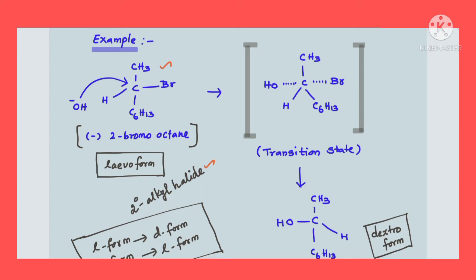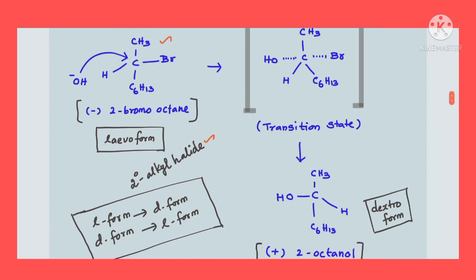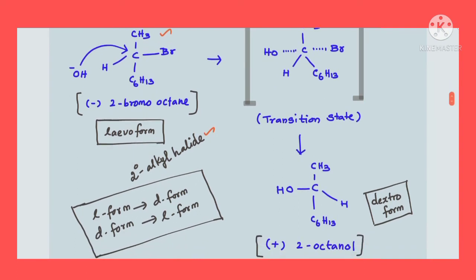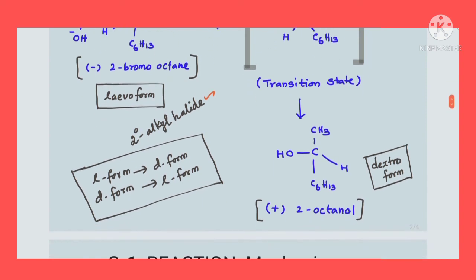Actually here we are taking the laevo form, an optically active L form, of 2-bromooctane. Which leads to a transition state in which C–Br and C–OH are partially formed, they are perpendicular to each other, and the carbon–hydrogen and other carbon bonds lie on the same plane. So the transition state finally gives the product, which is 2-octanol. This is formed after Br goes out as Br minus, and then the OH minus ion completes bonding with the Br-bearing carbon. As a result we are getting 2-octanol.